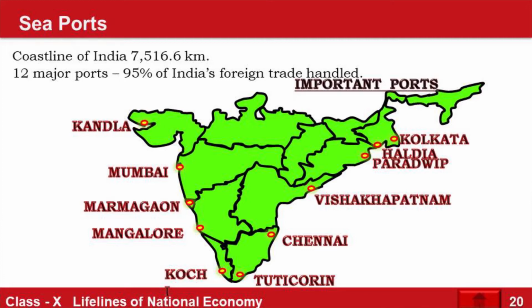Means if I calculate the amount of the 95% goods being exported, it will give you 68% economic value. Assume 100 rupees in India, so 68 rupees will come from that 95% of goods going out. Fine. So here we have the coastline of India, 7516.6 km with 12 major and 181 minor ports.